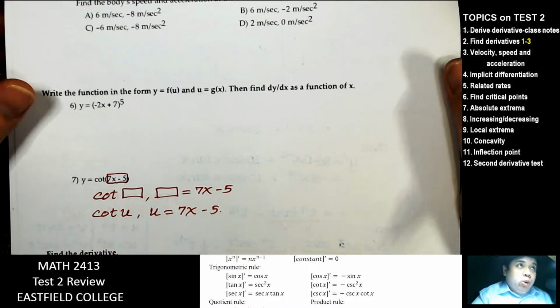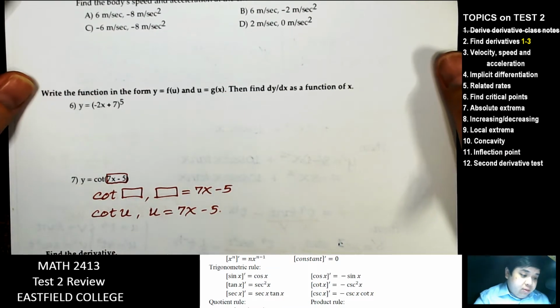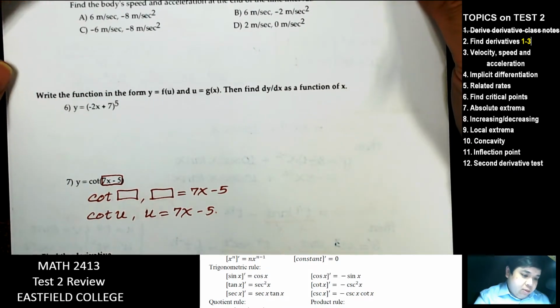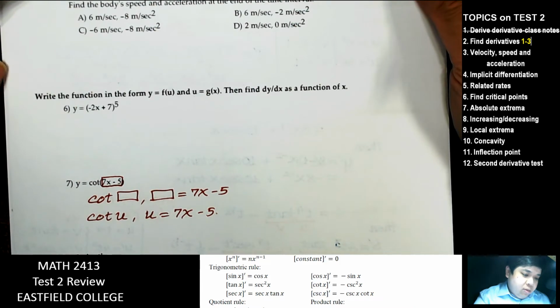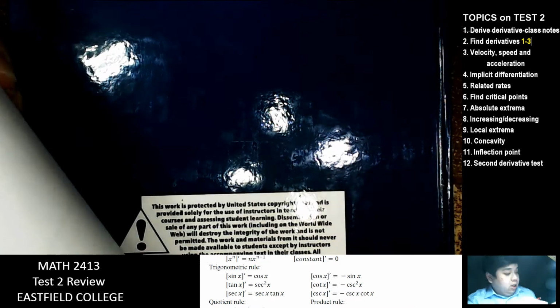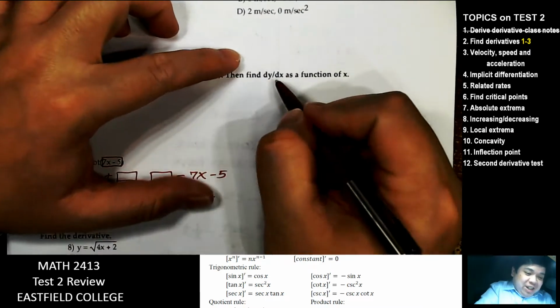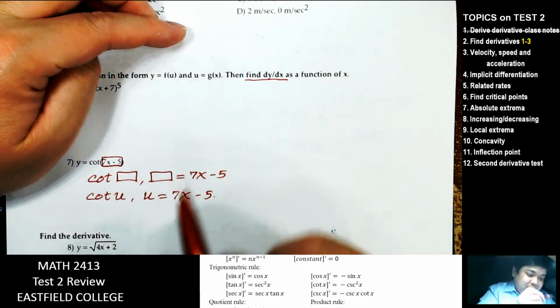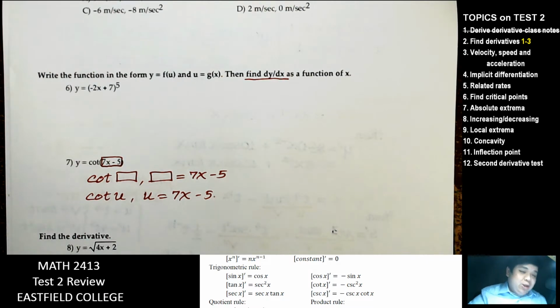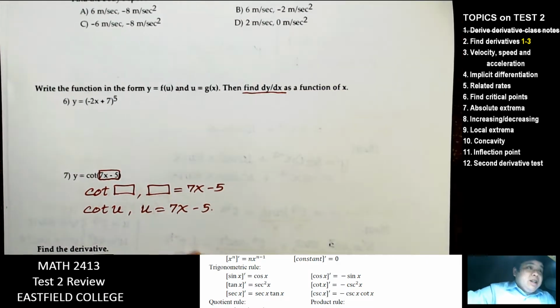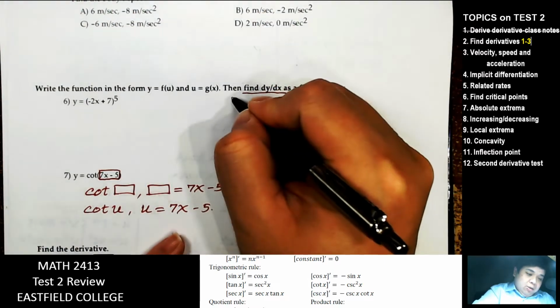Something like that will work. Wait a minute. Actually, it needs us to find the derivative. Sorry, I haven't read the question. We do need to find the derivative. So we have to do it. So now we do it. Right, 6. Find the derivative.